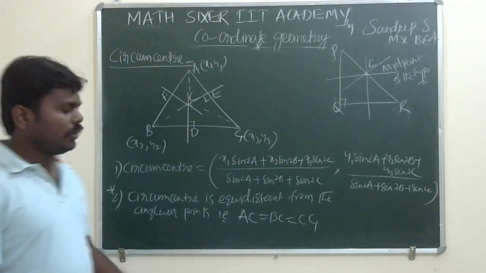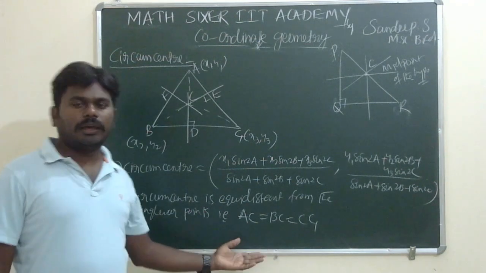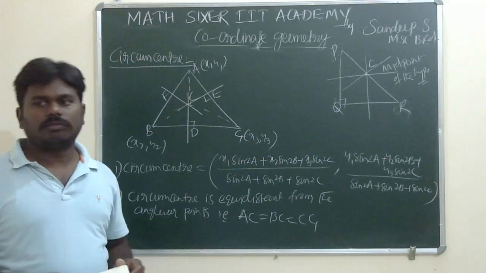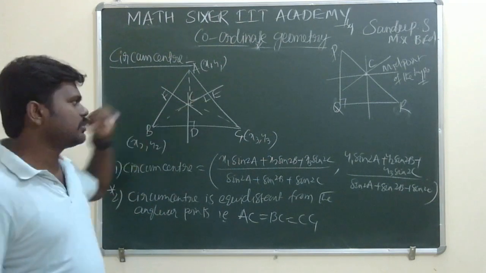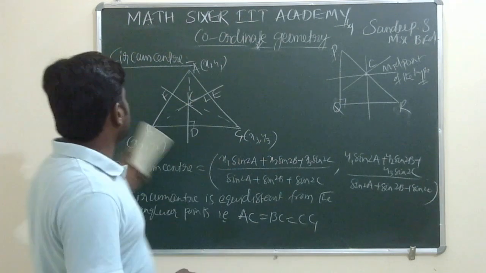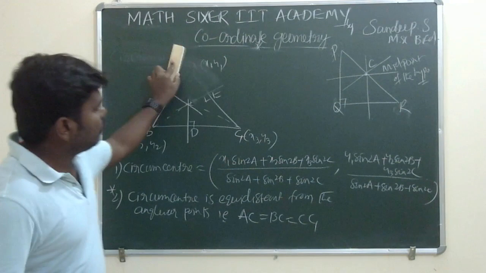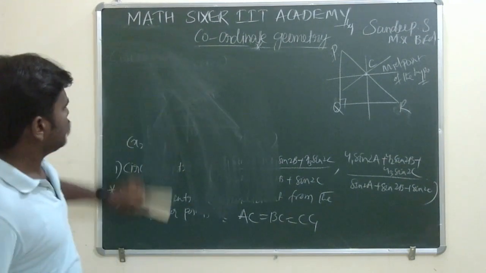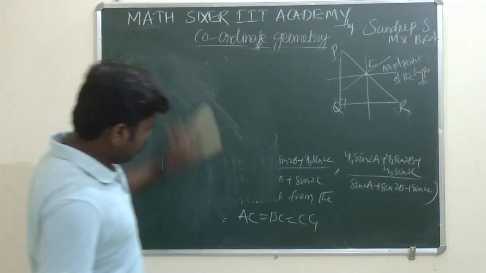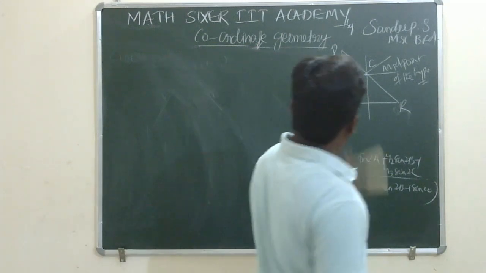So here we can use the distance formula and simply find the value of the circumcenter C. So these are the ways of finding the circumcenter. Next we have the orthocenter.